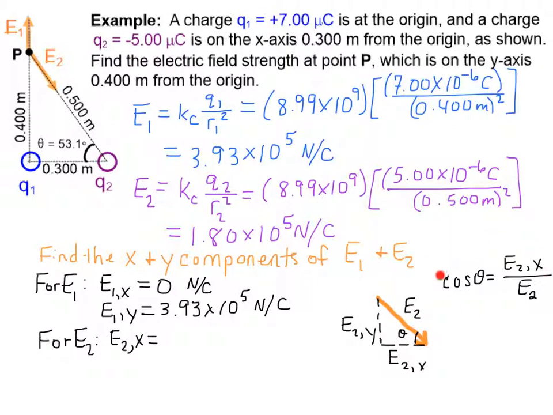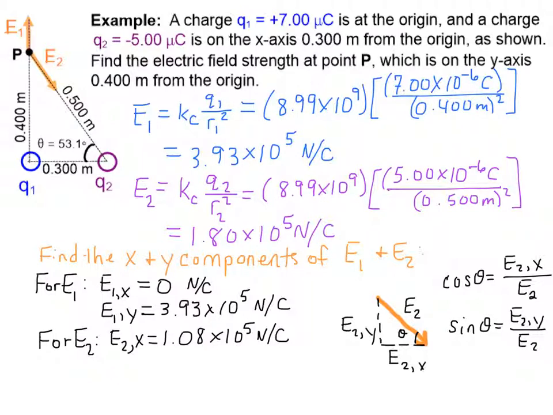So I'm going to rearrange this. I'm going to plug in the value of 53.1 for theta. For E2, I'm going to plug in the value of 1.80 times 10 to the 5th. That's what we found up here. And I'm going to solve for the x component of electric field strength 2. And I get this value, and it is going to be positive in the positive x direction.